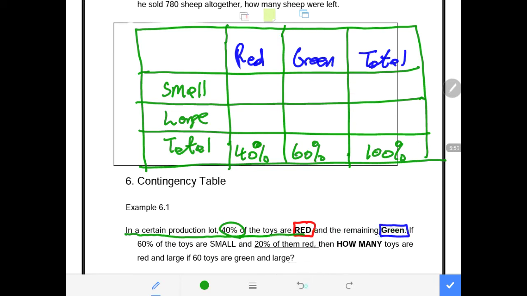Then it further says that if 60% of the toys are small, take note, it says if 60% of the toys are small. Which toys?